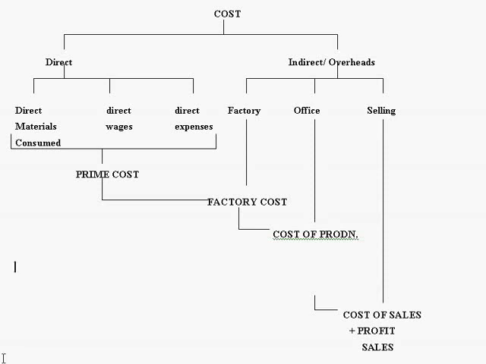Yes or no? So after factory overheads is added, but before adding the office and administration and selling overheads, the opening and closing stock of work in progress should be adjusted. So work in progress should be adjusted before adding office and administration overheads. Is that clear?